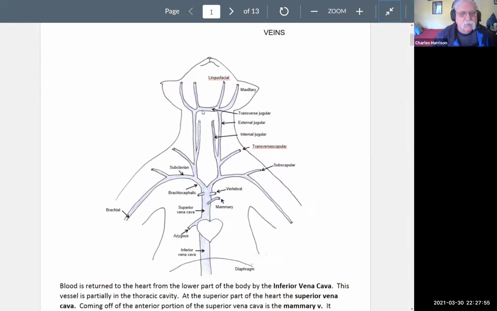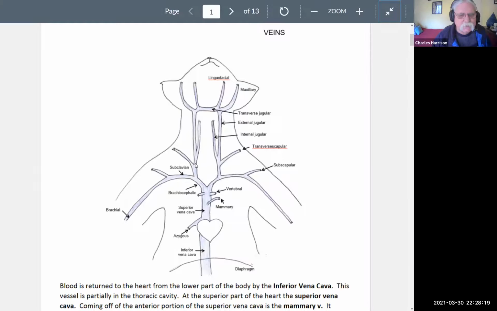Going up the other side, since this is going to be symmetrical, which is nice, here is the lingual facial, and here is the maxillary. This is the external jugular again. Here's the transverse scapular again.